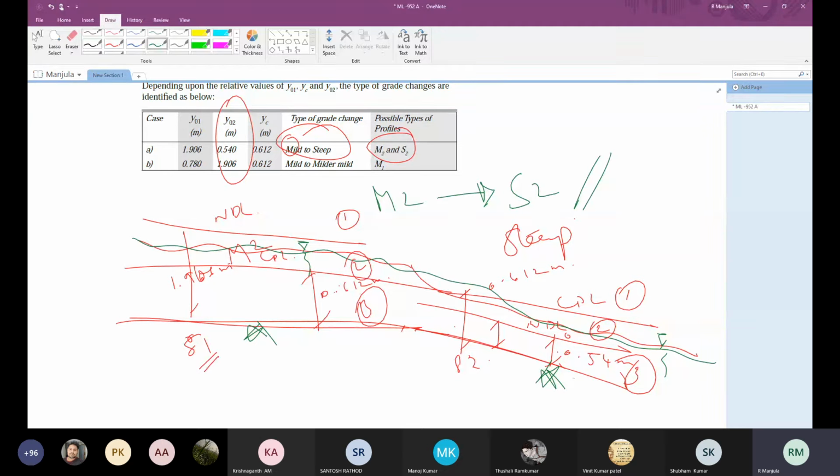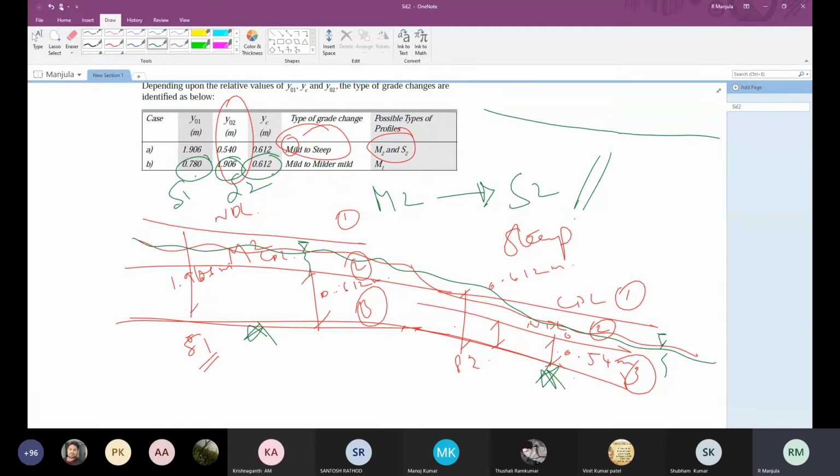Similarly, for the second case, find out what is the normal depth, find out what is the critical depth, and find out what is the Y2 for different slopes. This is for S1, this is for S2. Okay. Now, how is the slope changing? It is changing from mild to milder. So it is mild to milder because, why?